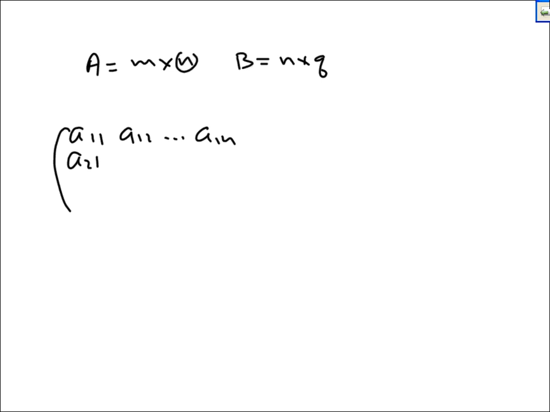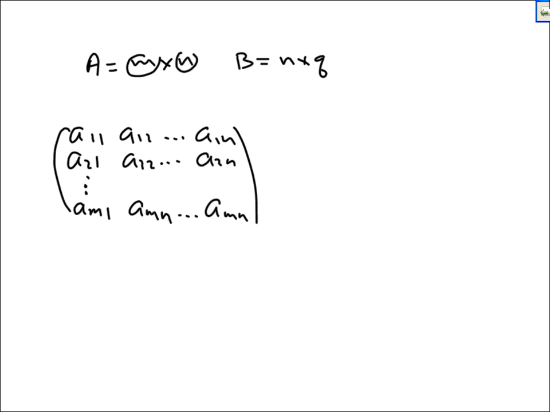The second row, first column, second row, second column, all the way up to the second row, the nth column. The matrix A has m rows. So eventually, we'll get to that last row. Row m, first column, row m, second column, up to row m, nth column.